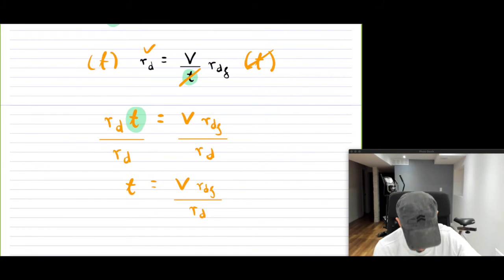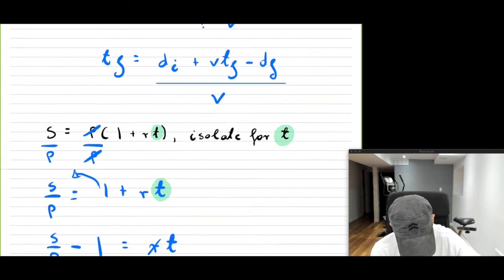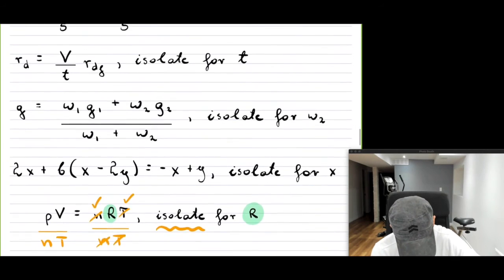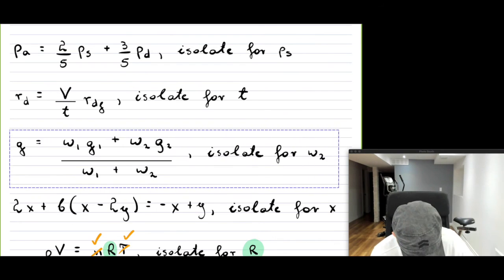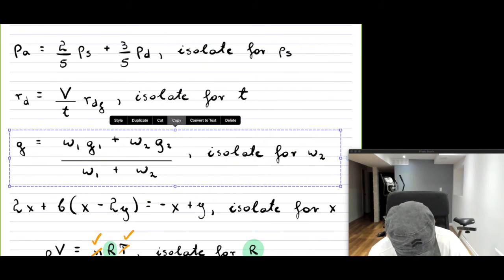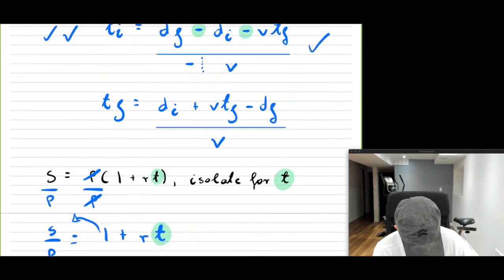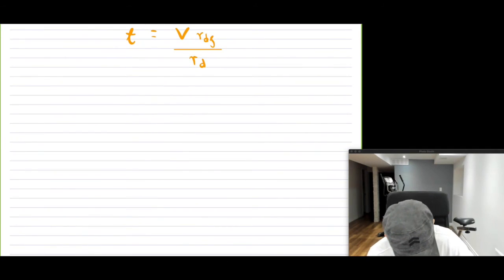All right, let's continue and see what else we have. Our next one looks like it's going to be a complicated one, or at least it seems like it. Let's try it.